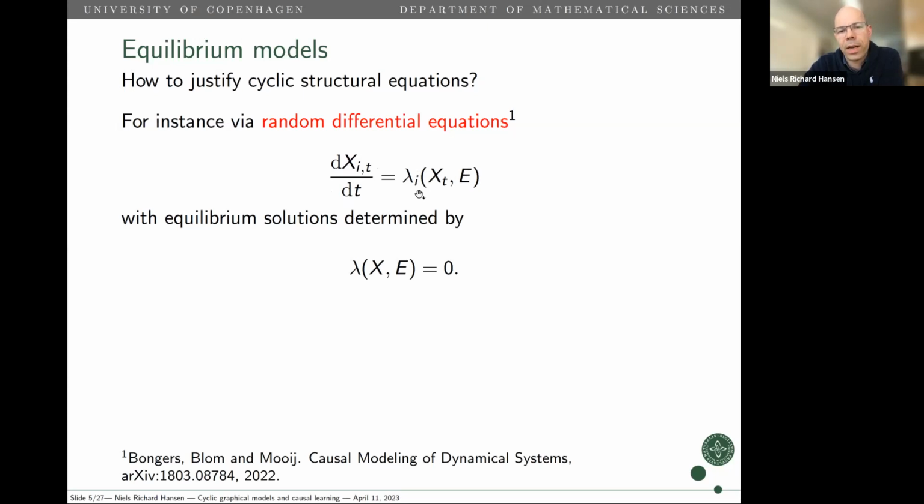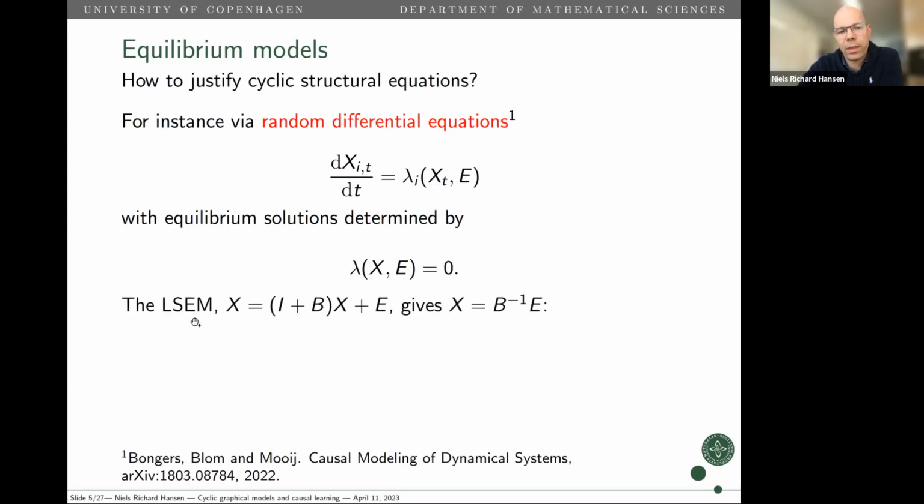And we can characterize the equilibrium solutions of the differential equation as solutions to this equation down here. Now we see that we have the exogenous noise variables entering here, and this is an argument for why we should get these cyclic structural equations. They could appear as equilibrium solutions from a differential equation.